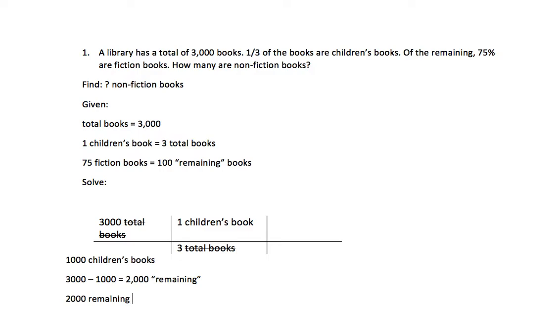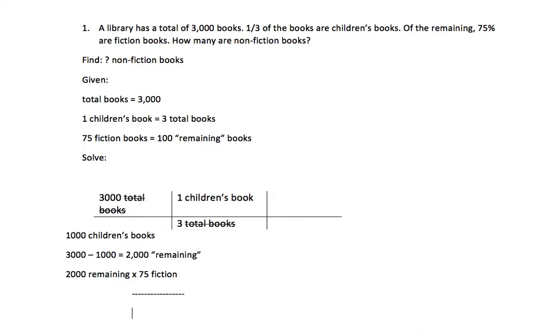books, and then we have a ratio here that includes remaining books and fiction books, and we know that there are 75 fiction books for every 100 remaining.